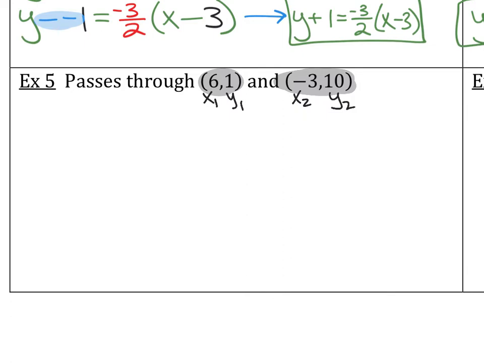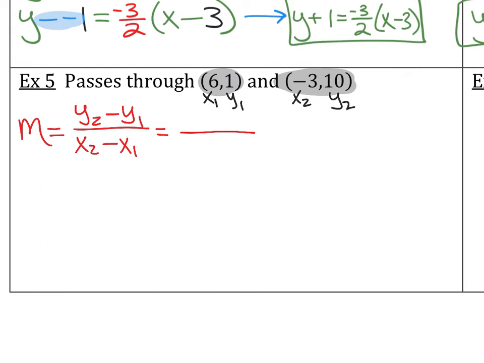I know that to find the slope, I'm going to use equation number 11. So I write down equation number 11, which is y2 minus y1 over x2 minus x1. Then I can just fill that in. This is what we did earlier today. This is what we did on our quiz. This is what we did last class. So we did like all last month, finding the rise and the run.